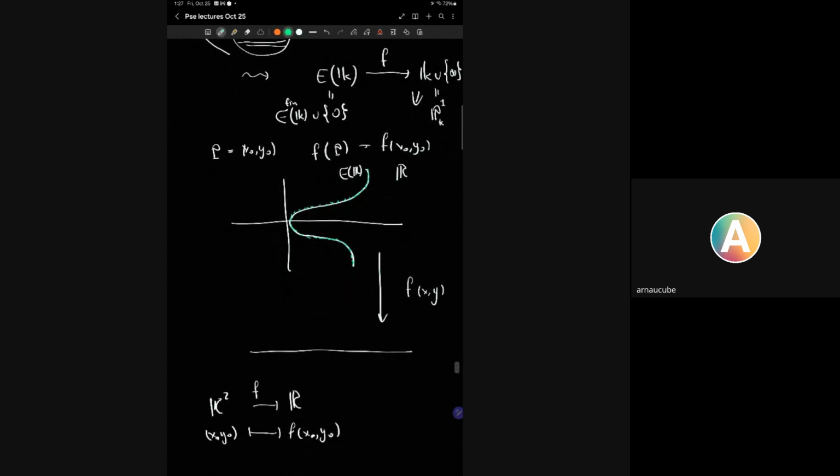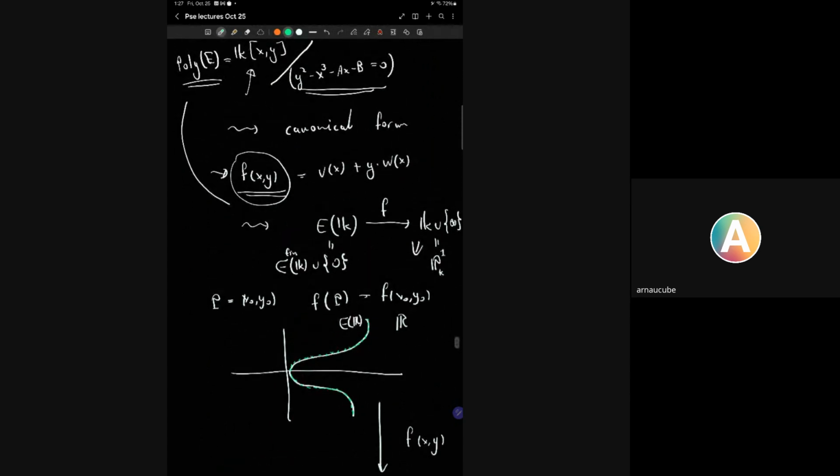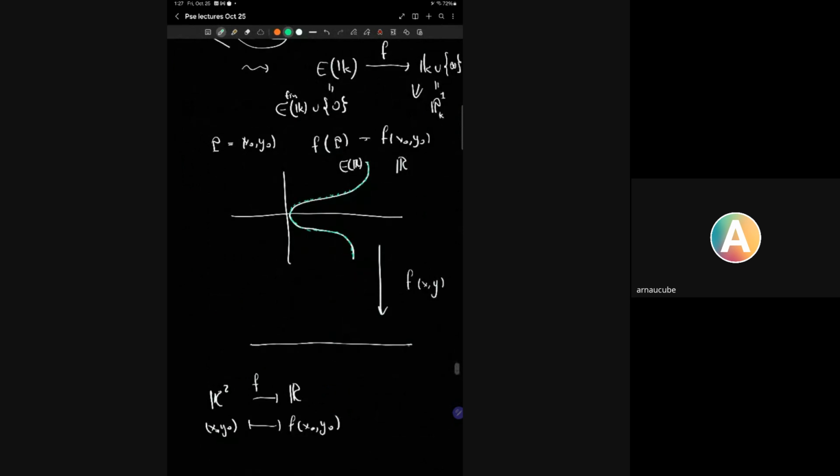I just substitute in the polynomial. So a polynomial over E is like a function from the green part to the green part here. This is like R.